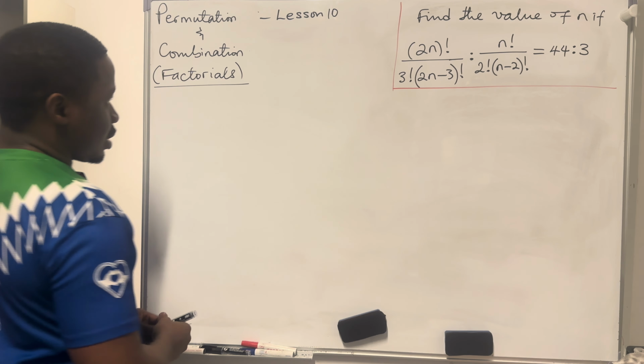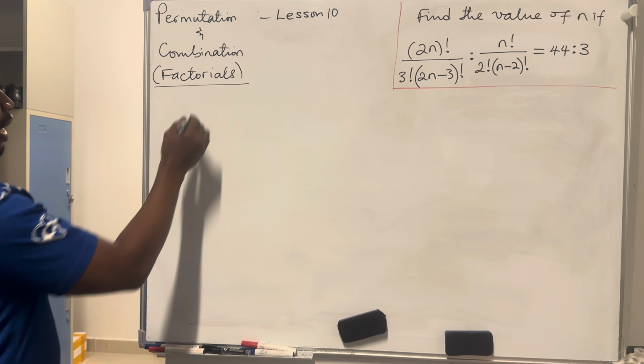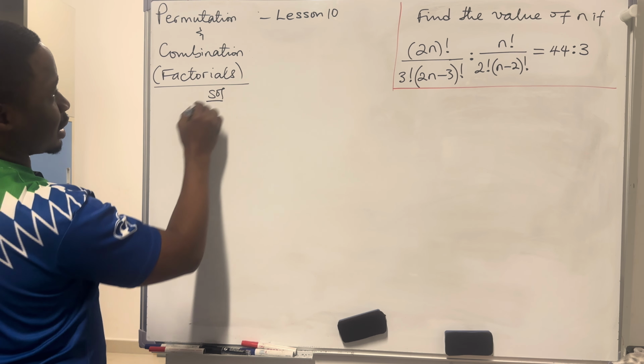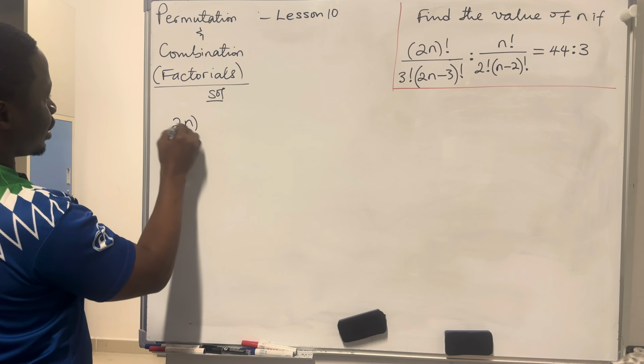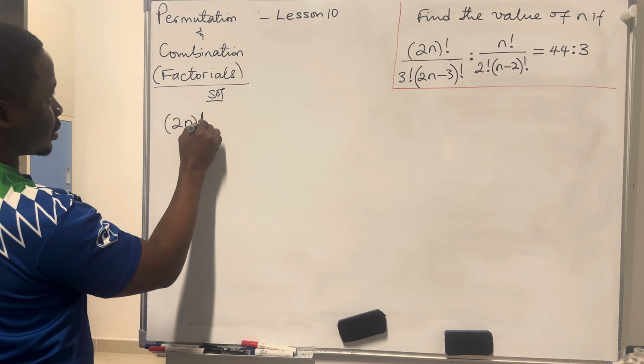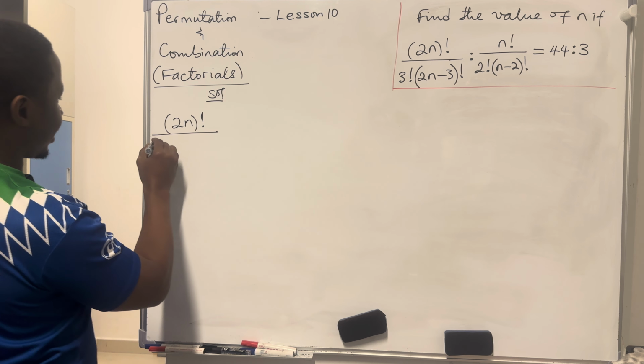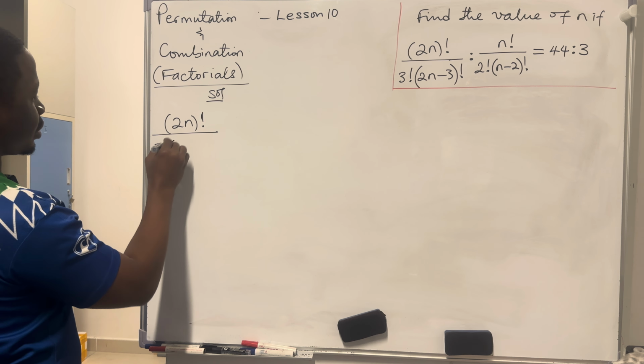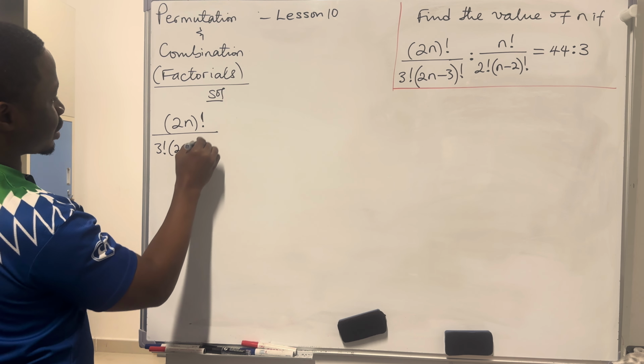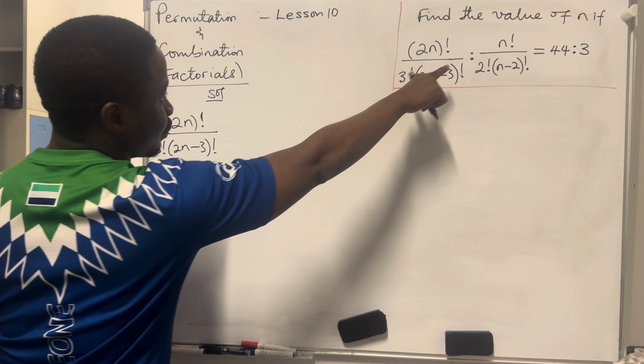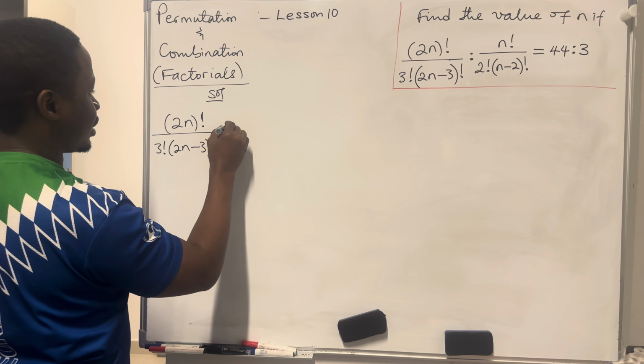So now what we are given, we can simply say 2n factorial divided by 3 factorial into 2n minus 3 factorial. Because of that ratio, we divide.